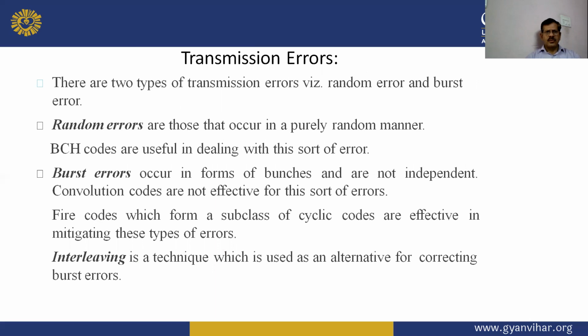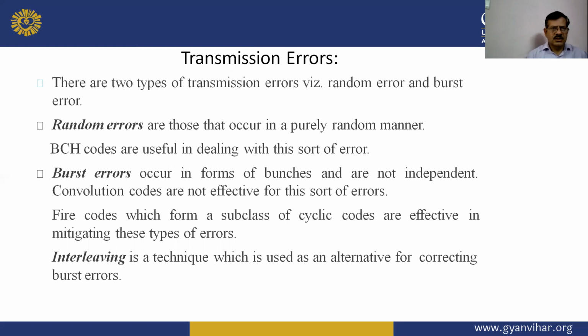Now we discuss transmission errors. There are two types of transmission errors. First one is random error and second one is burst error.